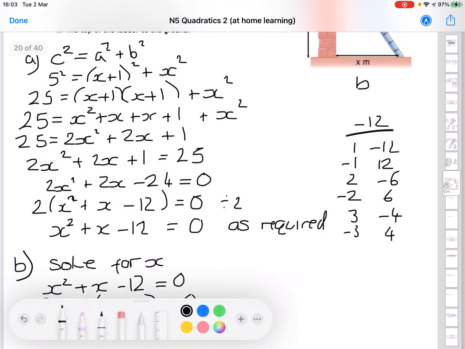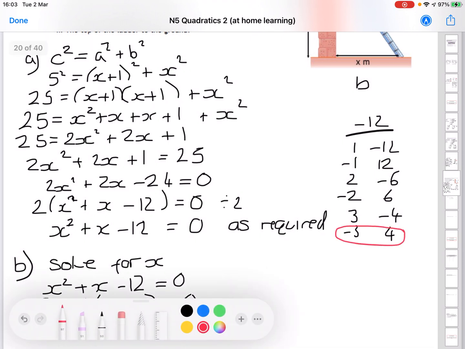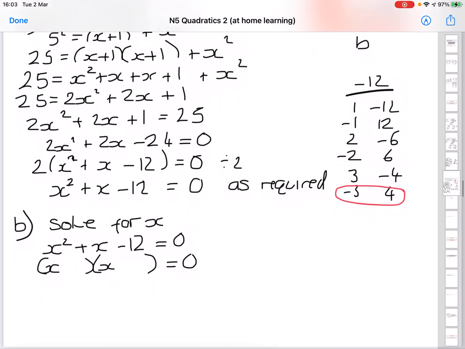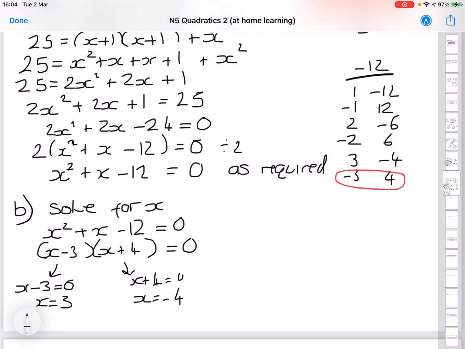The numbers that are going to give us that plus 1 in the middle would be minus 3 and plus 4. So if we pop these into our brackets, our two solutions are x minus 3 equals 0, so x will be equal to 3, and x plus 4 equals 0, so x would be equal to minus 4.